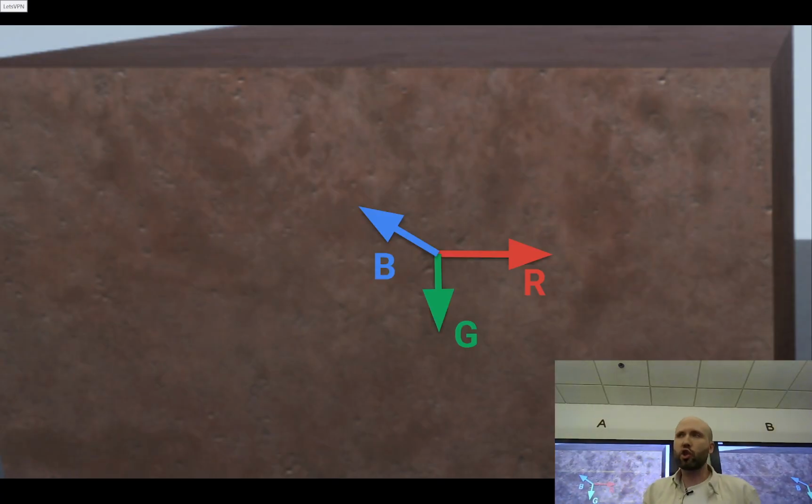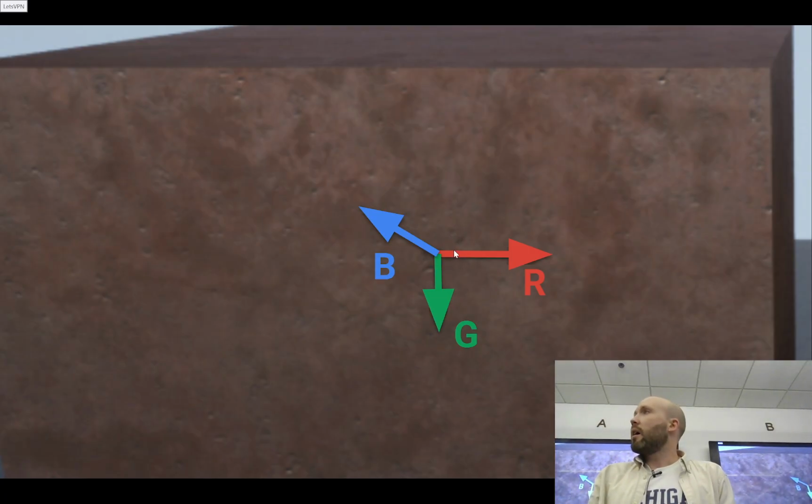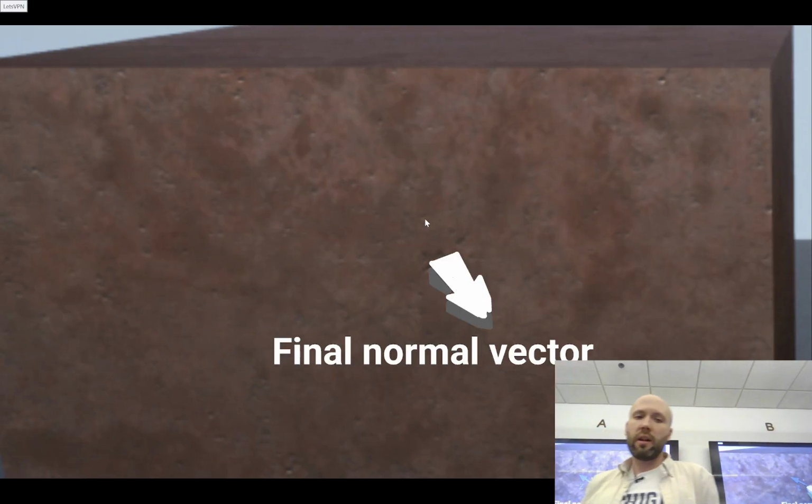So that texture would be storing a red value on the pixel, a green value on the pixel, and a blue value on the pixel. Now these are not red, green, and blue. These are actually X, Y, and Z. Taking them all, you get a 3D vector like this, okay? This is the final normal vector that shows you kind of what the surface of the shape is, or what it's supposed to be.